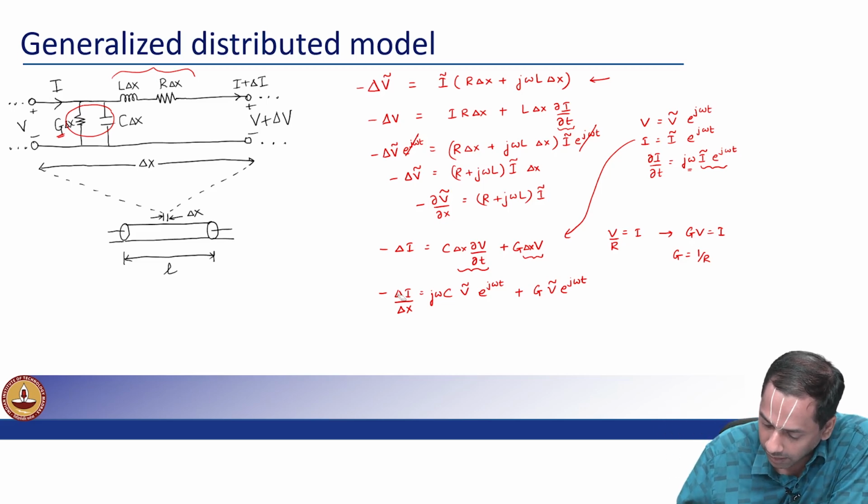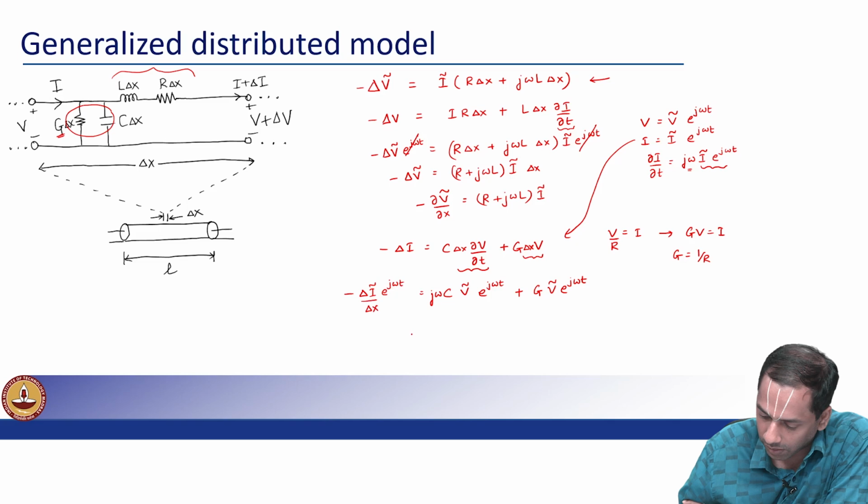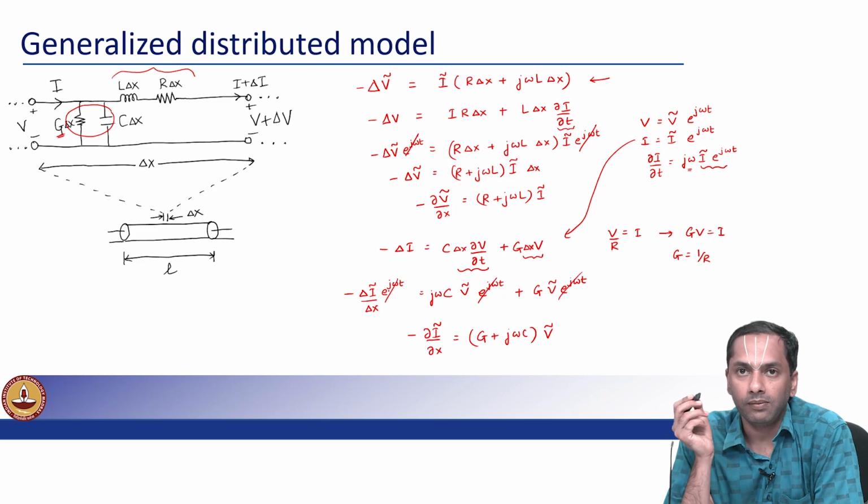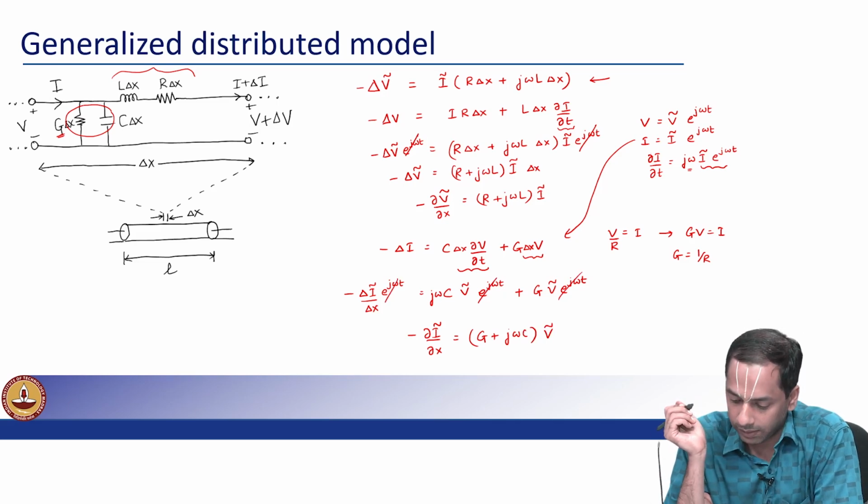Right, on the left hand side we can write it out as delta of I tilde e to the j omega t. So we should essentially get minus dou I tilde by dou x is g plus j omega c times v tilde, because the e to the j omega t conveniently gets dropped out.